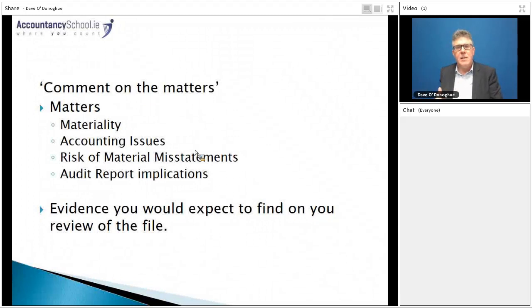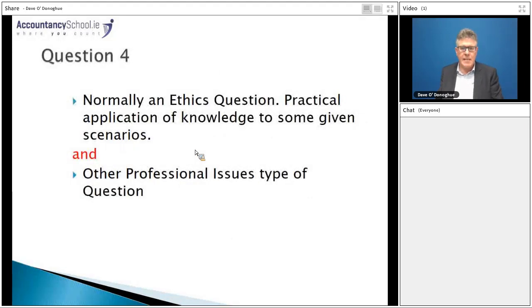In P7, you will generally be a manager or maybe a partner reviewing somebody else's work, and you may be critical or raise issues about the work being carried out by somebody else. So in F8, you're doing the work. In P7, in a lot of cases, you will be reviewing the work of somebody else.